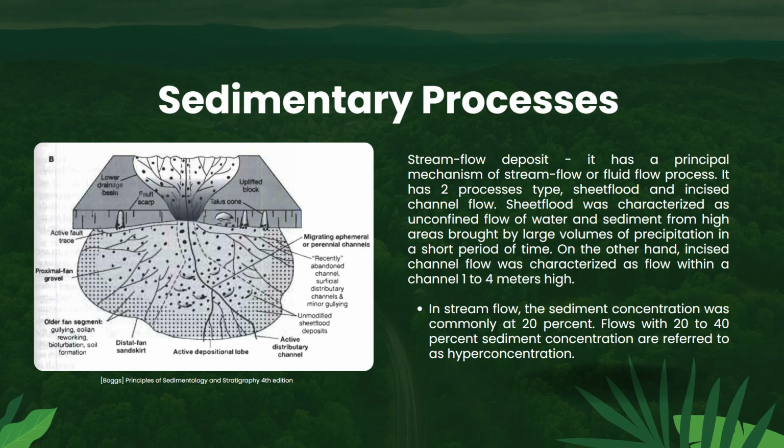Incised channel flows commonly include flow confined within channels that are 1 to 4 meters deep. Sediment concentrations in stream flows are typically about 20%. Higher concentrations between 20 to 40% are called hyperconcentrated flows and exhibit mixed debris flow and stream flow characteristics.